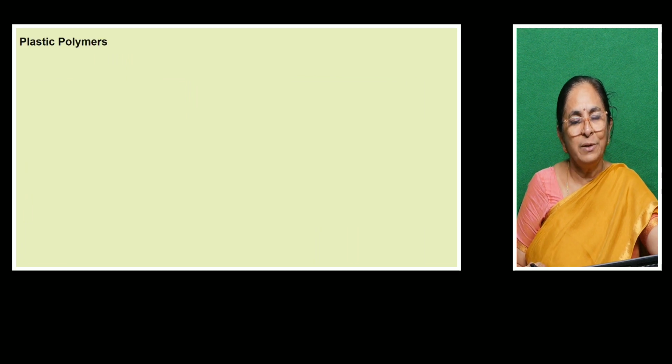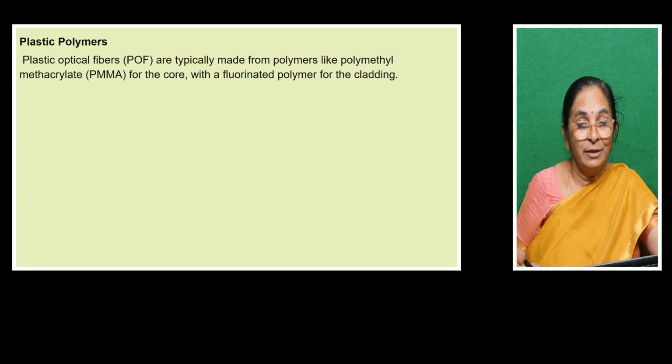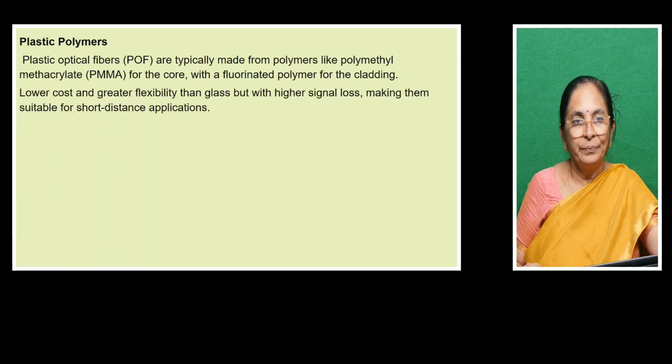Now for plastic, we use polymers, especially polymethyl methacrylate for the core, and another polymer which is fluorinated for cladding. So for plastic optical fibers, for the core we use PMMA, that means polymethyl methacrylate polymer, and for the cladding we will be using fluorinated polymer.